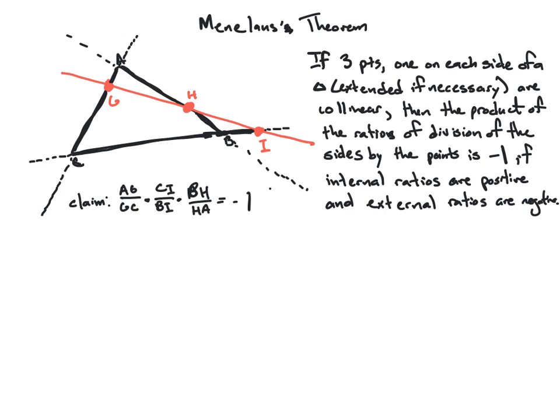So notice I went around it here. AG to GC, and then CI, IB, BH, HA. So you work your way around the triangle to do this. All right, so how do we prove this?